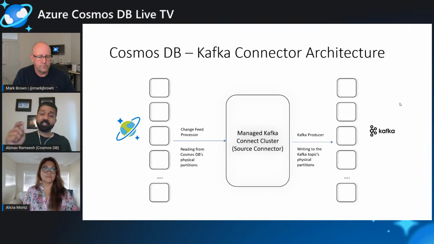That's running on every single one of these nodes, and all of these guys know about the topology of your source container. They're talking to each other through the lease collection. They're pushing state in terms of continuation tokens, which worker is looking at which physical partition. And when they scale out, all of that is already built in.